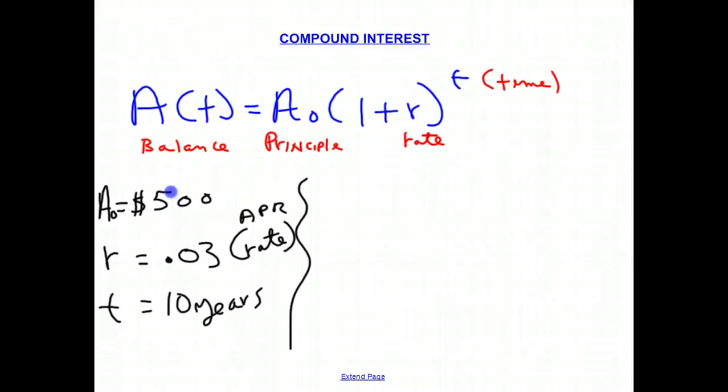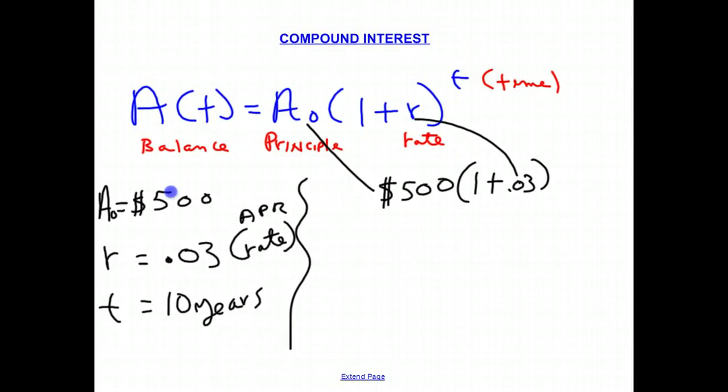We say A sub 0 is our 500, and we're multiplying it times 1 plus our rate, and our rate is 3%. And we're going to be doing this for 10 years. So there's our time. And that's all going to be equal to our final balance, A sub t.